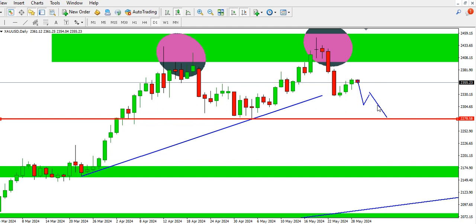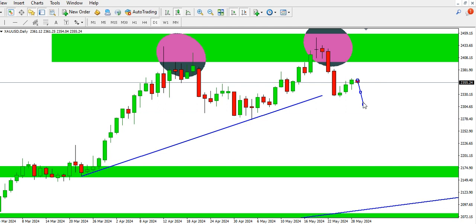form a bottom, and then you might see price go up. Okay, price goes up, price might get to this particular order block, or price might get to the midpoint of the drop.